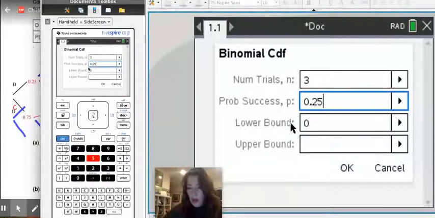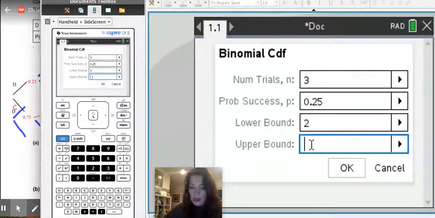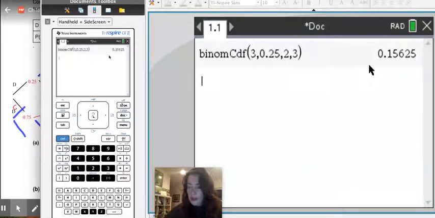Now, 2 or more means our lower bound is 2, and our upper bound would be 3. Now the number of trials, you can never have your upper bound greater than the number of trials. So once you click OK, there's our answer here, and we have our binomial CDF laid out this way.